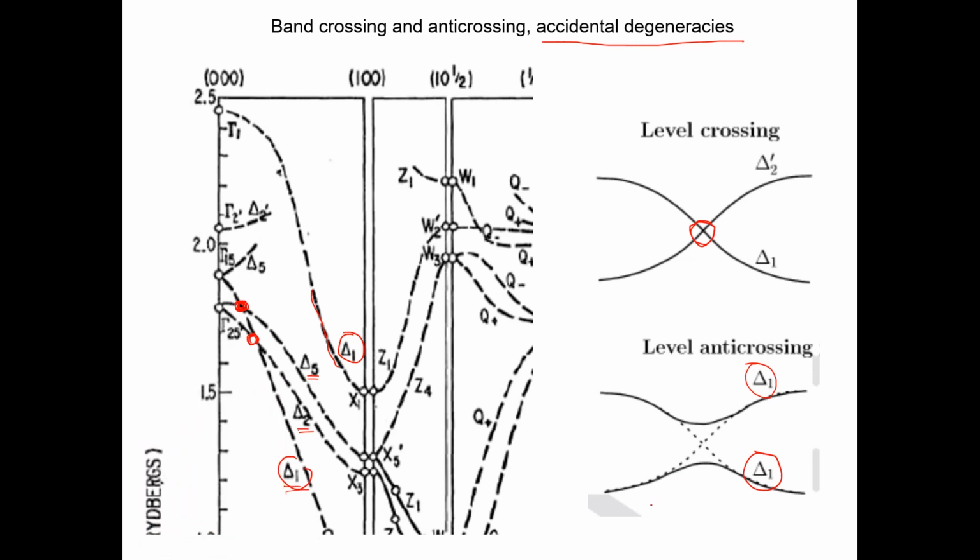So this is also called level repulsion. So group theory tells us precisely what bands should cross and what bands should anti-cross based on their symmetries.